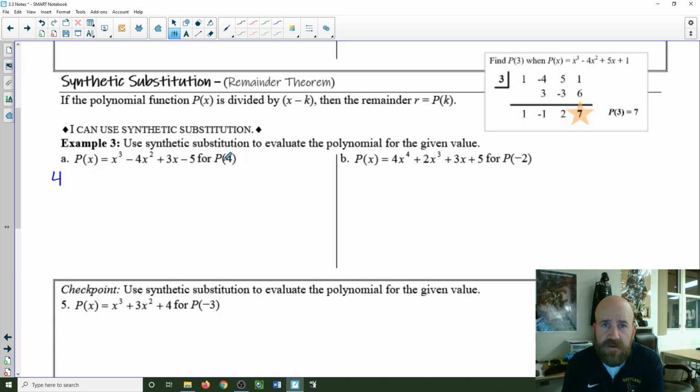So this is an x equals 4, so we need to take a 4. We don't take the opposite because it's not in factored form. It is an x value. So listing out our coefficients, so we're just doing division.